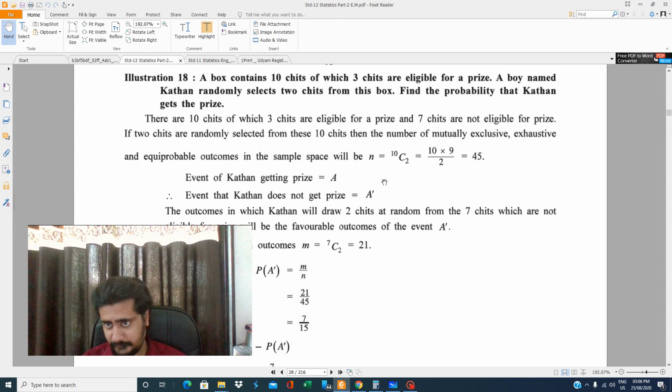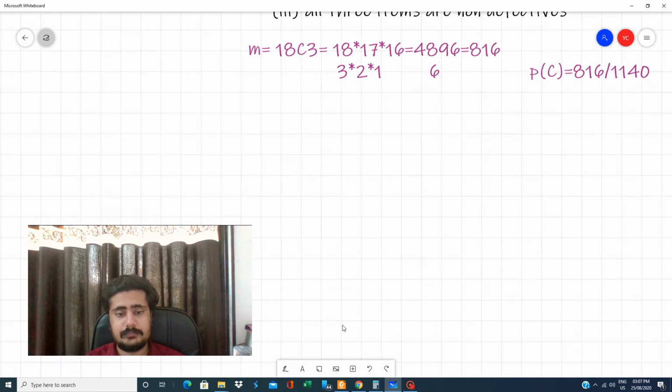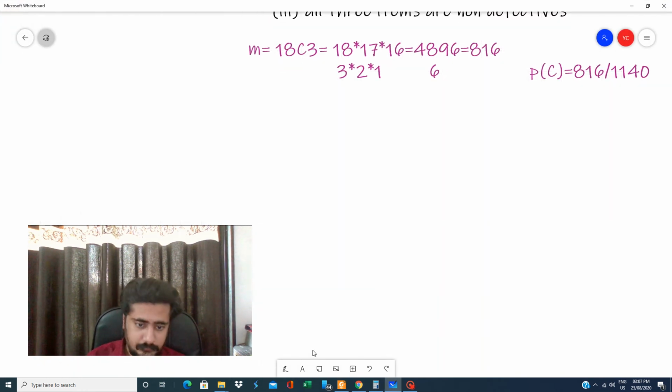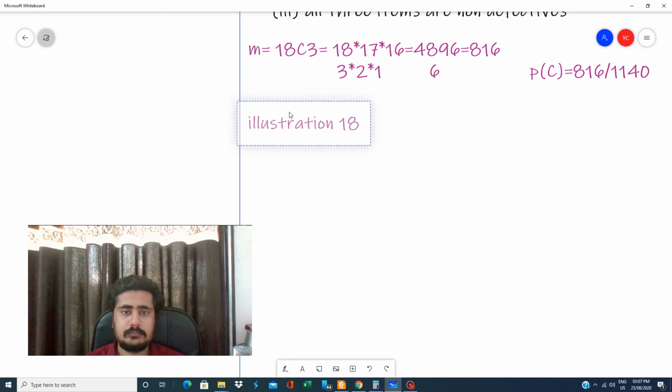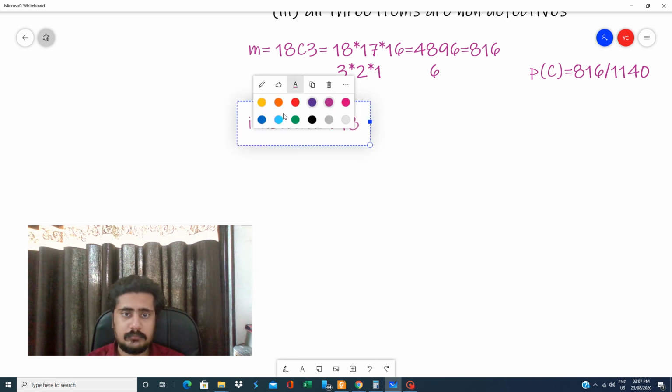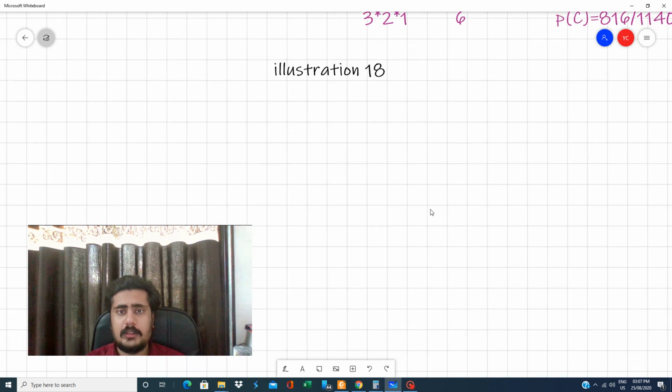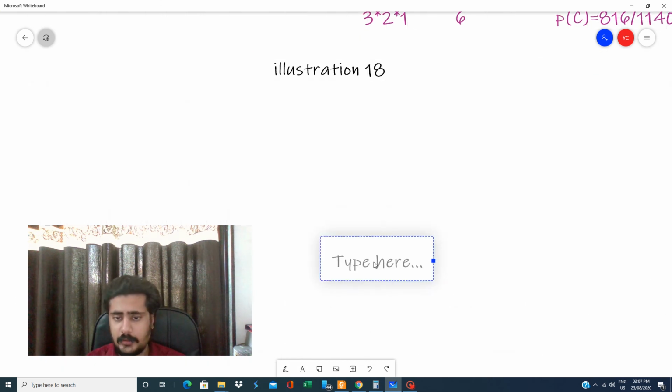Find the probability that Kathan gets the prize. I told you, illustration 18 is important.